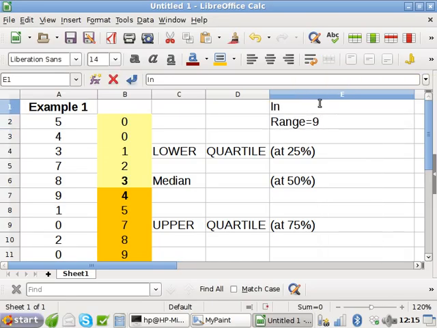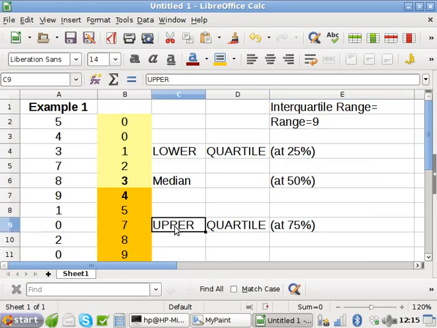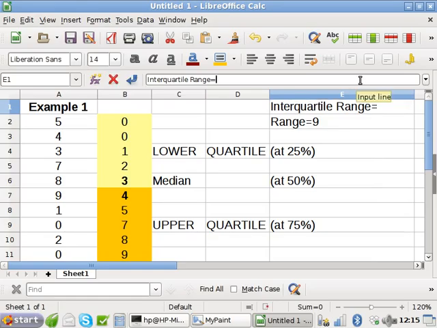There's something called the interquartile range. And all that is the upper minus the lower. So in this example, what would that be? It would be 7 minus 1, which here would be 6. So the interquartile range is the upper minus the lower.